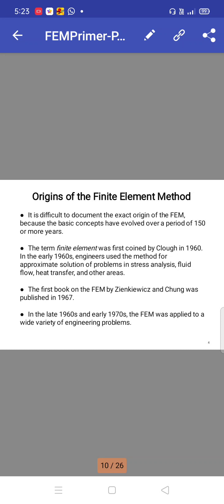The first book on FEM by Zienkiewicz and Cheung was published in 1967.